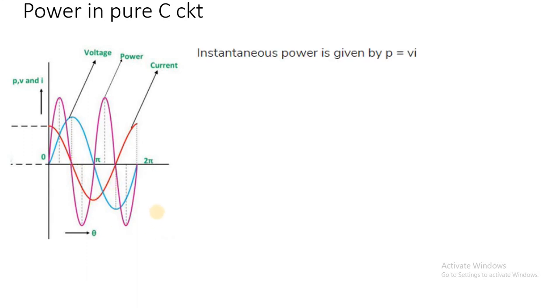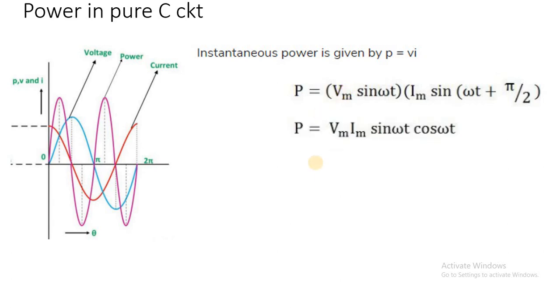Now let's have a look at the instantaneous power derivation. To derive the instantaneous power, we take the product of instantaneous voltage into instantaneous current. Instantaneous voltage is Vm sin omega t and instantaneous current is Im sin(omega t plus pi by 2). So we take Vm into Im sin(omega t plus pi by 2), the term I will write as cos omega t.